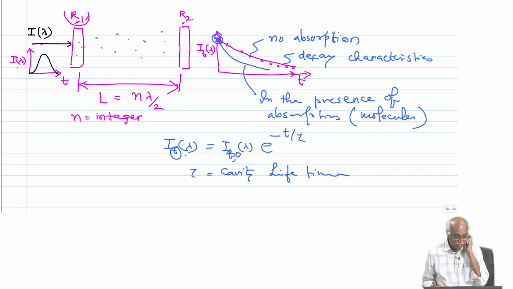Now, in terms of some simple equations, how do we derive this lifetime value? We will quickly try to derive it. I will give you some basic approach, and then we will correlate it with the cavity ring down spectroscopy measurement approach.